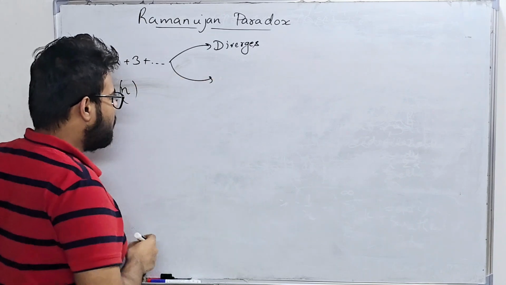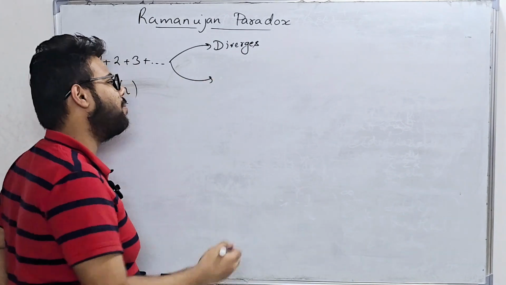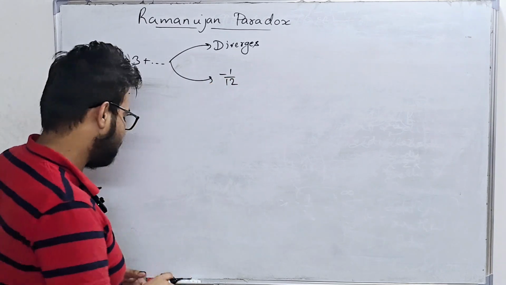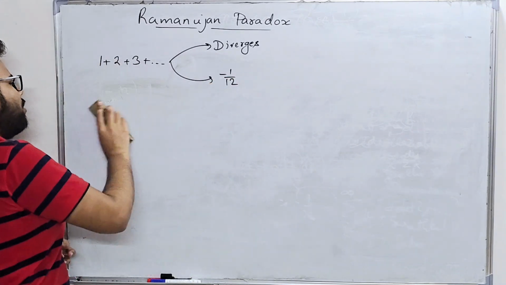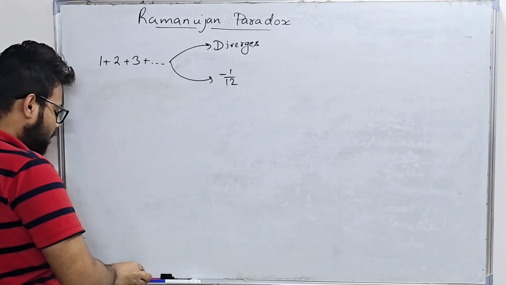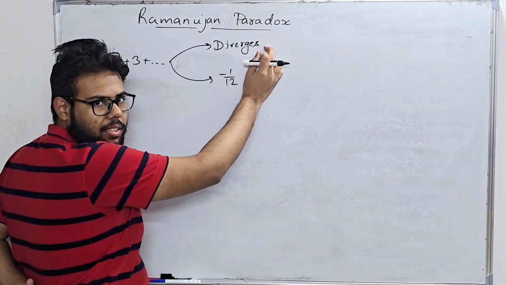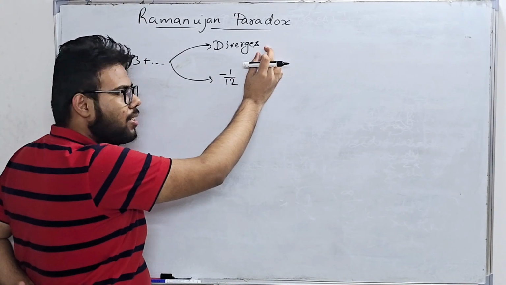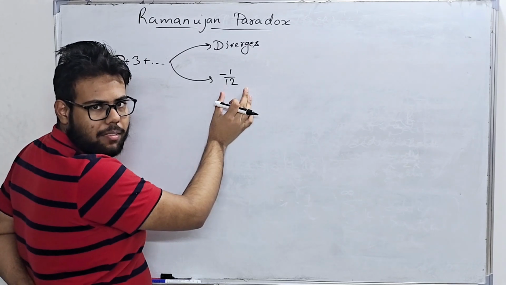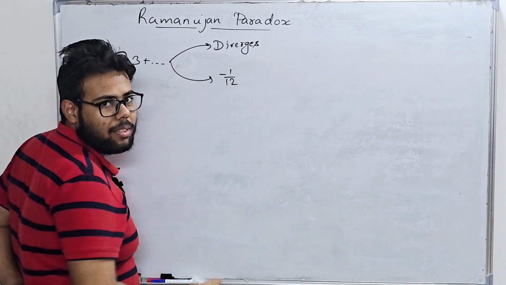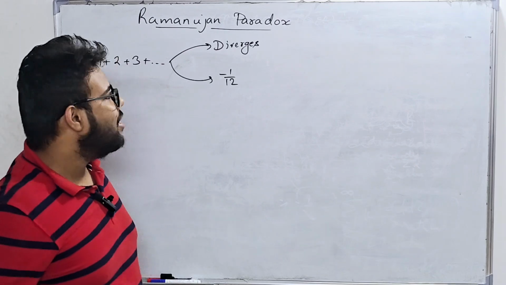But the second thought, from Ramanujan, is that it ends up at minus 1 by 12. So now which one is correct? If you see the sum as a diverging series, then it can't be minus 1 by 12. And if you see it as minus 1 by 12, it can't be diverging, which means it is a paradox.